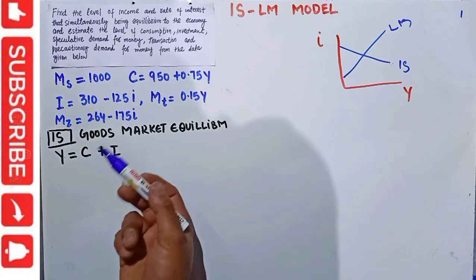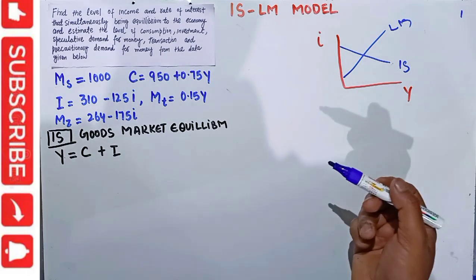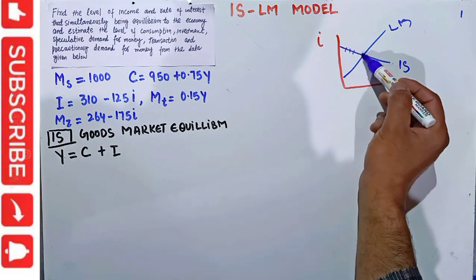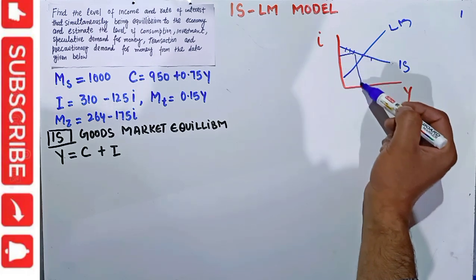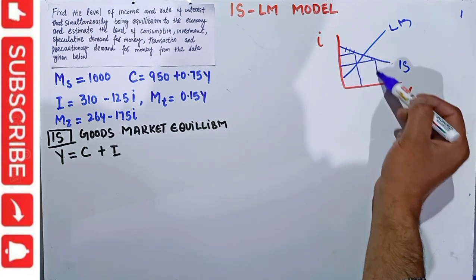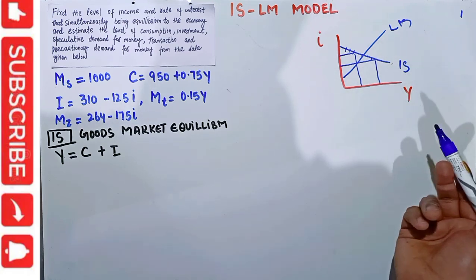On the graph, what exactly is meant by the IS function? The IS function shows us the different combinations of interest rate and level of income where the goods market is in equilibrium.